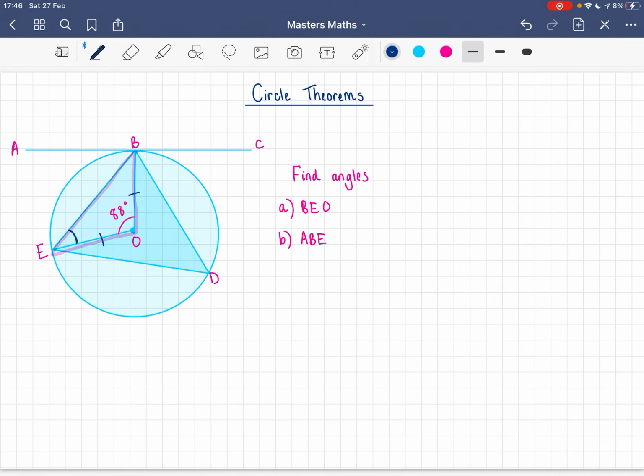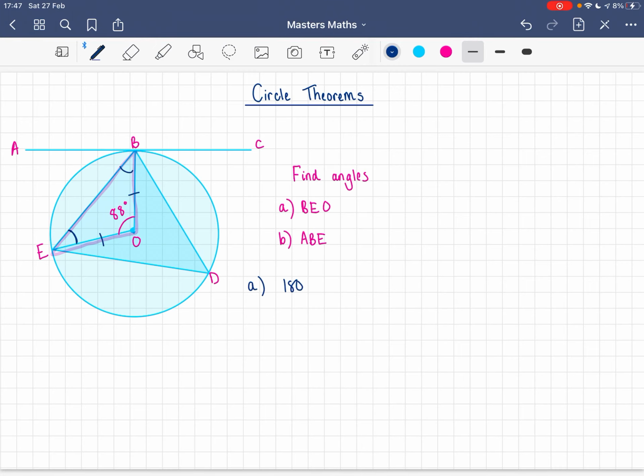So they are equal to each other. So base angles in an isosceles triangle are the same. We know one of the angles and we know the other two, so the BEO that we're trying to find, and then the EBO on the other side, they have to be the same size. So we can use that to find out what BEO is, which is the one we're being asked for.